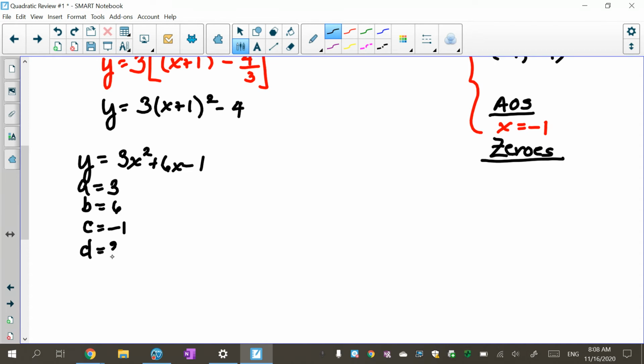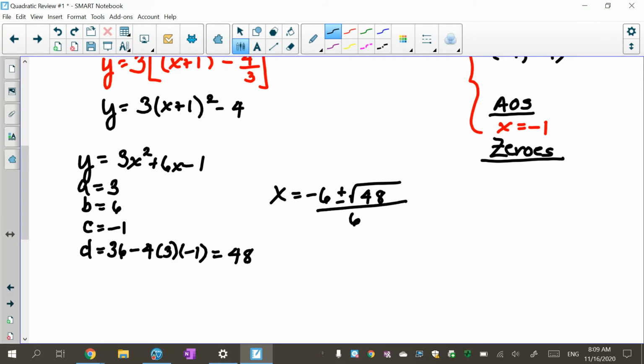D is B squared, that's 36, minus 4 times A times -1. When I put that in my calculator, I get 48, right? So I'm glad I did the quadratic formula because that's not a perfect square. So I do x equals -b plus or minus the square root of b squared minus 4ac, the 48, all over 2a, 6.